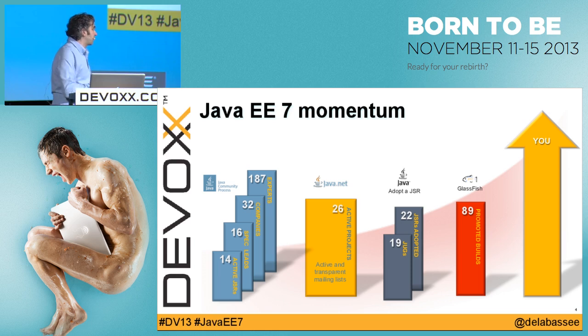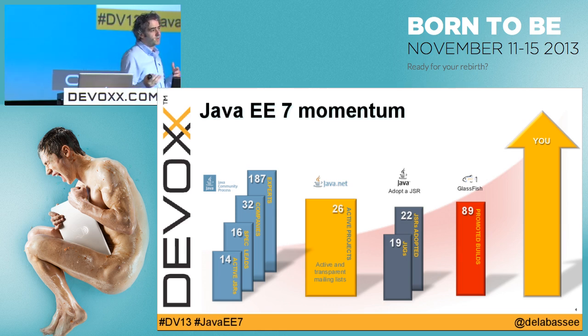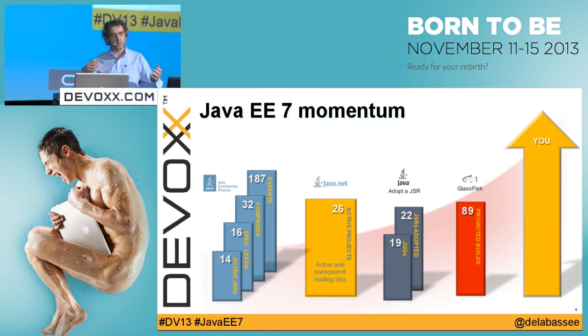Something else that we have done, and I think it was the first time, we also launched a new program called Adopt-a-JSR, where the idea was to ask JUGs to take a specification, to play with it, write samples, take the implementation before it was finalized to really stress it, to make sure that if there are issues, we can fix them before we ship it.